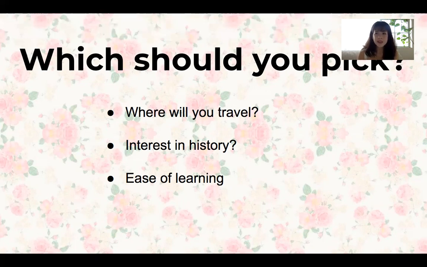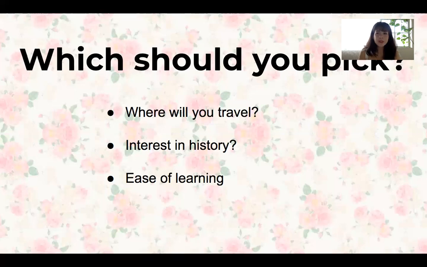Just because, like I was saying before, traditional uses more radicals, and once you get to a certain threshold of literacy, you're going to be familiar with all the radicals already, and so you'll be able to look at the character and think, okay, I kind of understand what this means. It will be easier for you to remember too, because you can remember the little story inside the character.